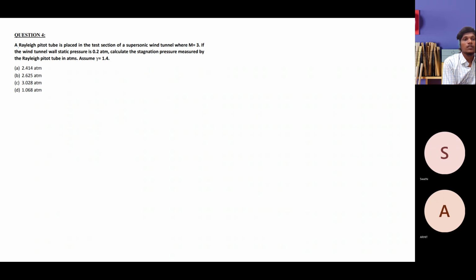The question is about a Rayleigh pitot tube, whose formulation is specifically for supersonic flows, so we use it in a supersonic wind tunnel.